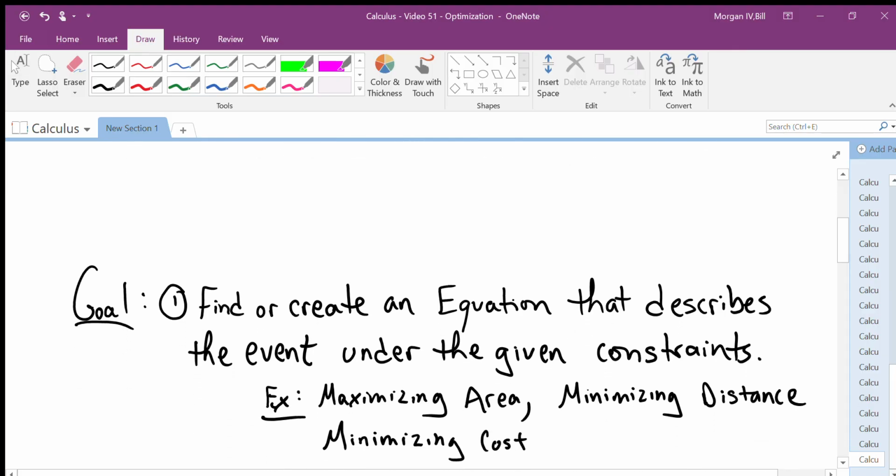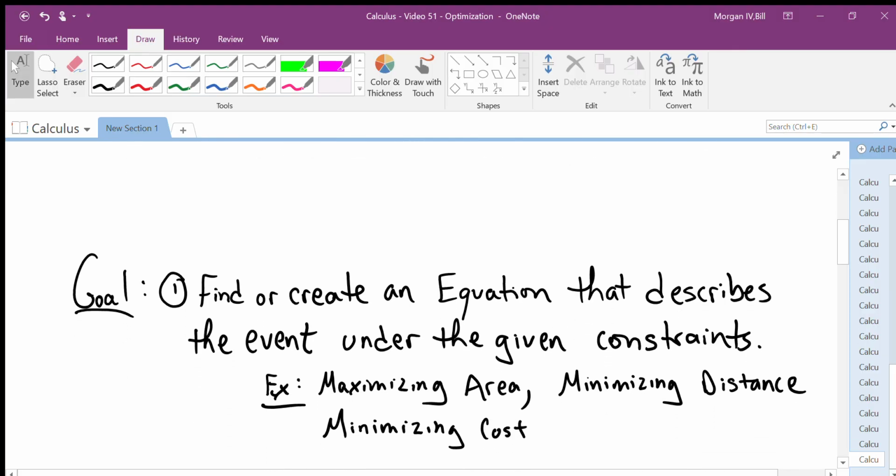So step one is we want to find or create an equation that describes the event that's happening. All right, so what are we doing? That event, we want to get an equation that describes it under the constraints that are given in the problem. For example, maybe we're looking to maximize the area of something. That's the event. We want an equation that allows us to maximize the area.